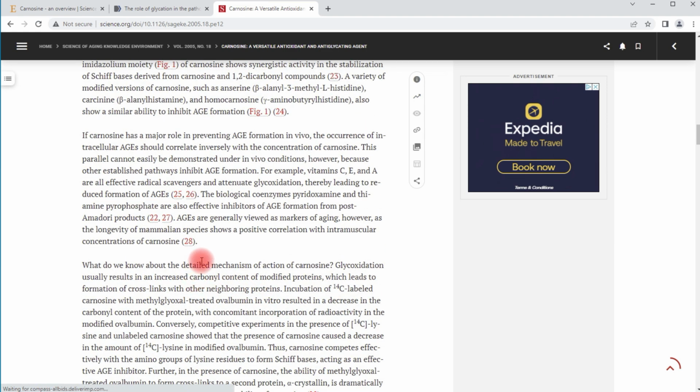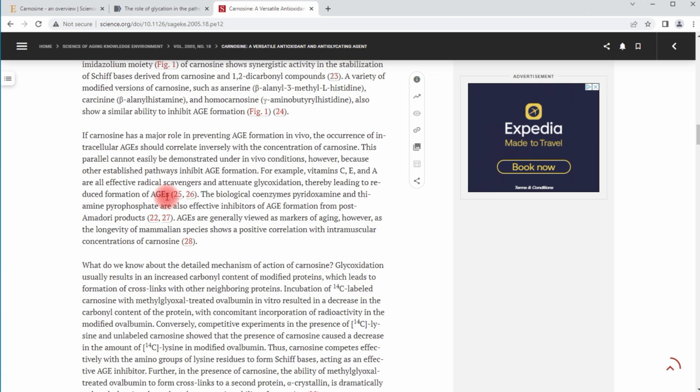And oxidation also accelerates the formation of these AGE products. And what's interesting here is it's noted that vitamins C, E, and A are all effective radical scavengers, and they attenuate glycoxidation, thereby leading to reduced formation of AGE. So what does this all mean?